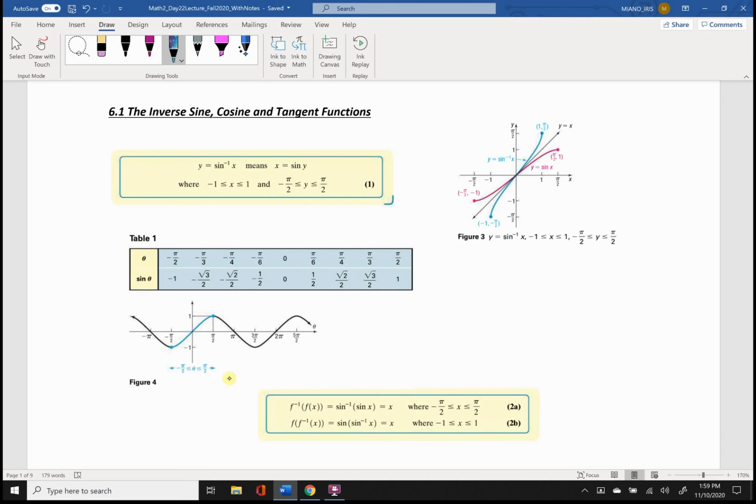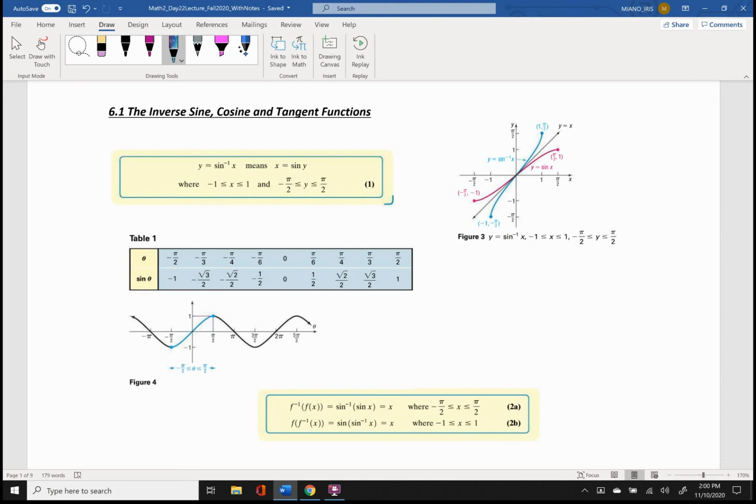So as soon as you start to come down from the peak, well, what was synonymous to the peak in the sine function, right? The inverse coming down from the peak is going to start to violate the vertical line test, making the inverse sine extension beyond x equals pi over 2 and negative pi over 2. Anything larger or smaller respectively than that is going to be violating the definition of a function, so it cannot be part of the inverse sine function.